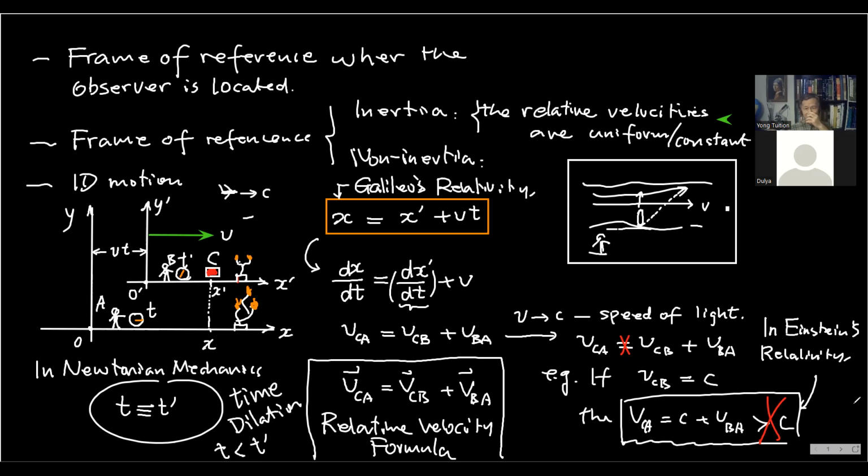So why does that happen? How do we know that happens? The reason is, we change this idea. We let the time be different because we have accepted this assumption or postulate that light travels at a constant speed, measured or observed by any frame of reference.